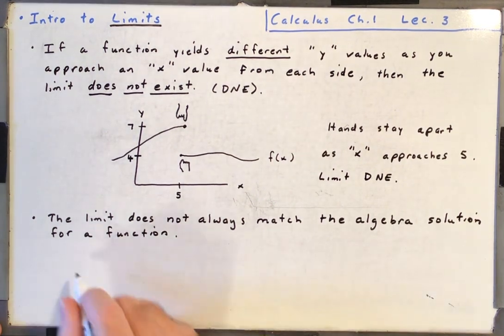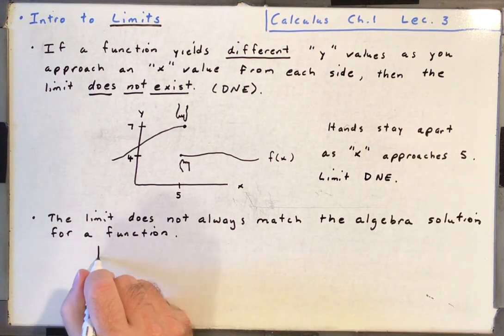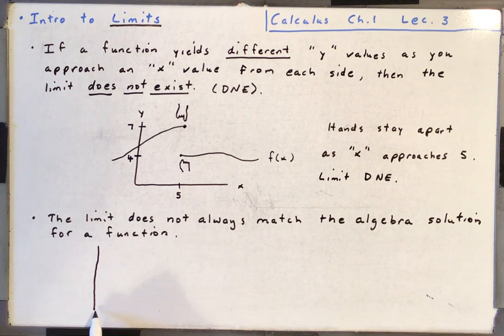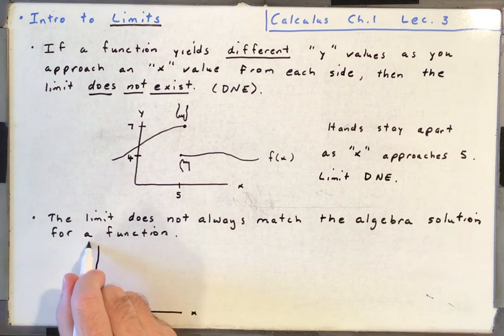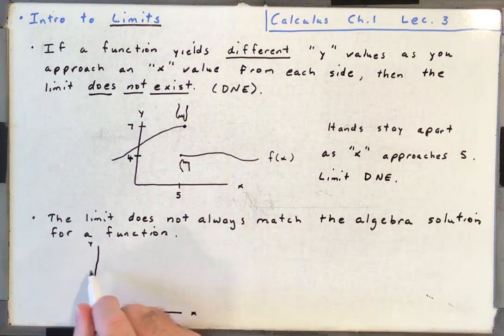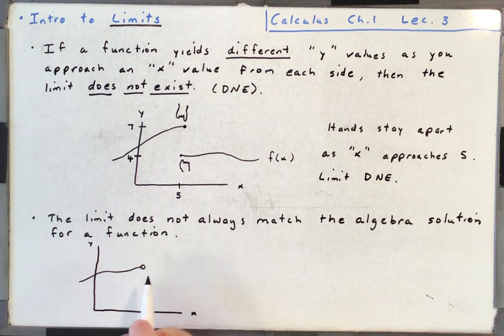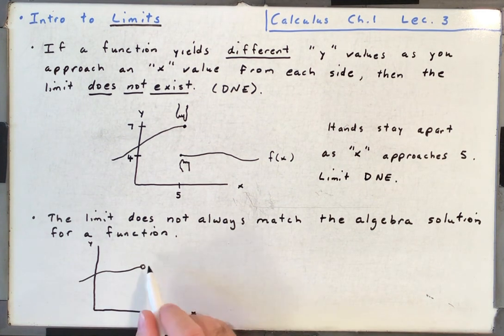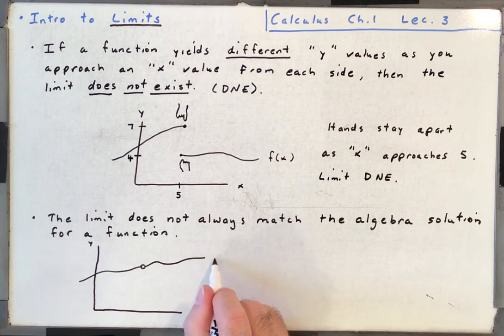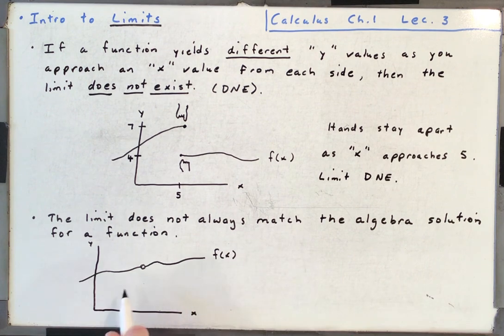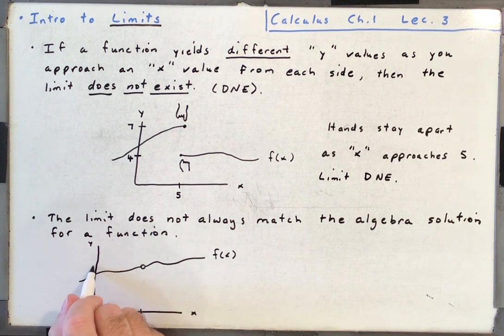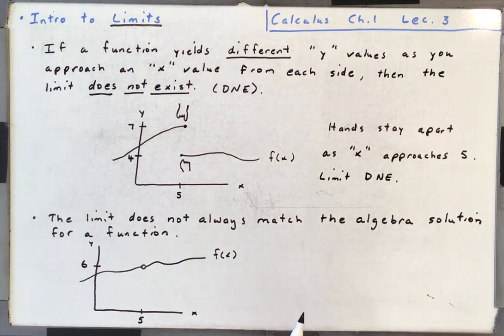Let me give you some examples here. Let's say we have a function that has a hole. Now a hole means at that point it's undefined, meaning we get a 0 in the denominator. Let's say this is 5, and at the hole the y value is 6.